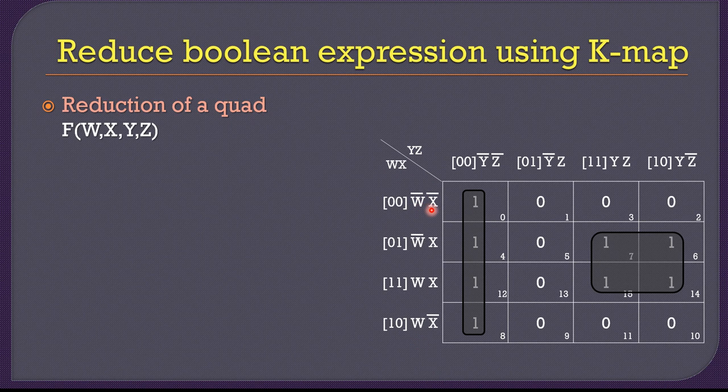So w' x' for the first row, w' x for the second row, wx for the third row, and wx' for the fourth row. In the same way for the top columns: y' z' for the first column, y' z for the second column, yz for the third column, and yz' for the fourth column. The corresponding binary values are given.